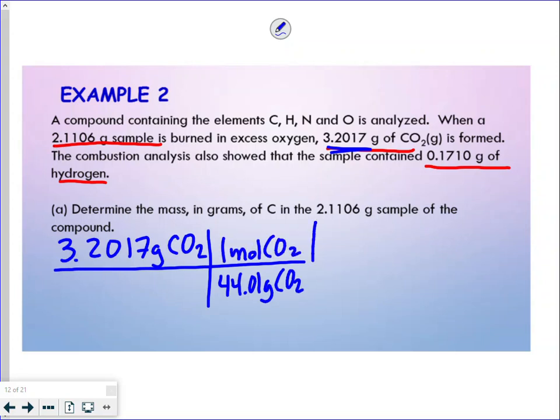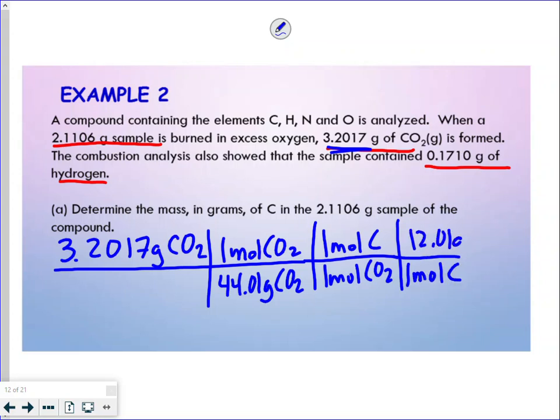And it just becomes very repetitive at this point because 1 mole of carbon dioxide has 1 mole of carbon, and then 1 mole of carbon has 12.01 grams of carbon. Just different numbers, same idea though. This is how we find the grams of carbon in the original compound.